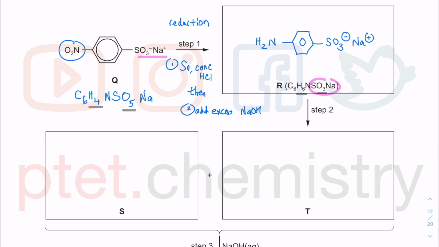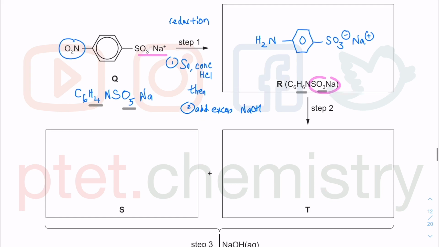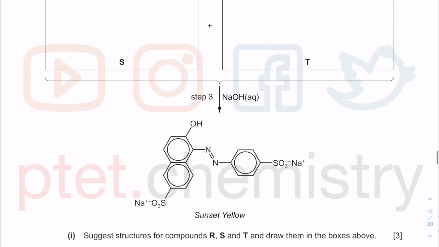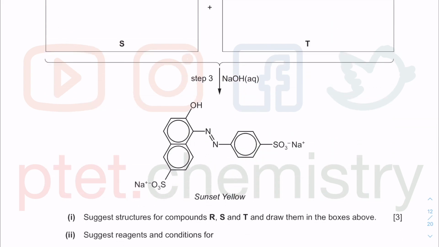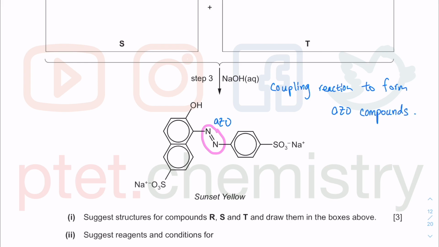So once you have this, you're going to get T. T will react with S in the presence of NaOH to give you this. This thing here is called an azo group. So this is a coupling reaction, in order to form an azo compound. Azo compounds are brightly colored dyes that you use as colorings and stuff.